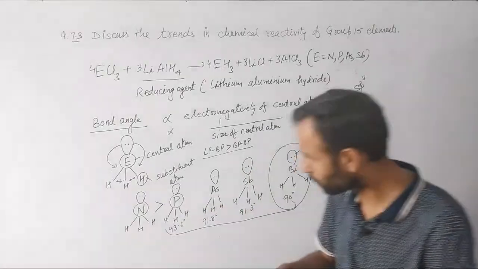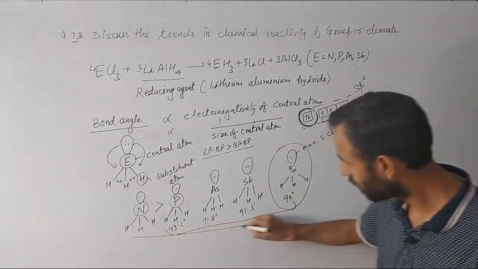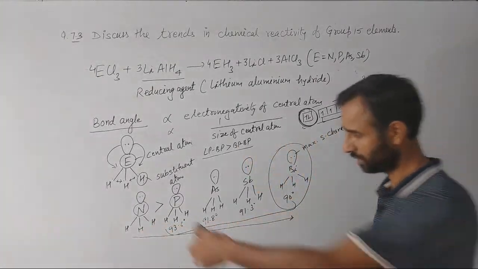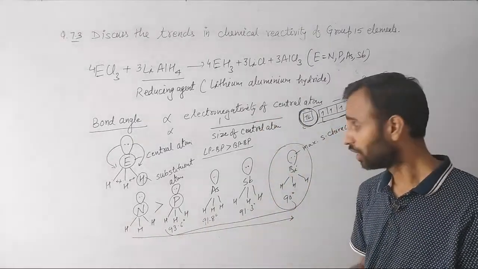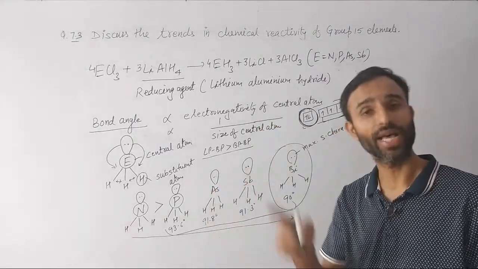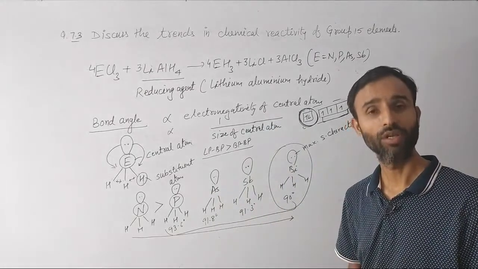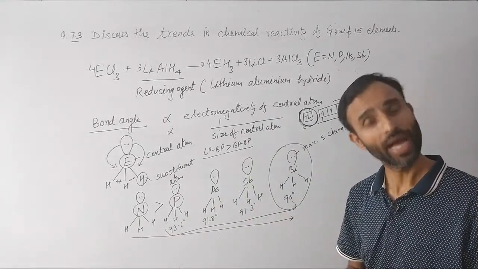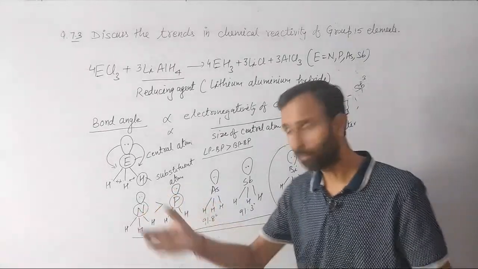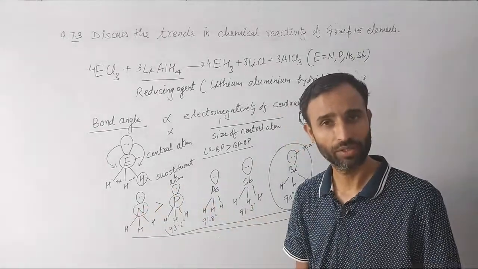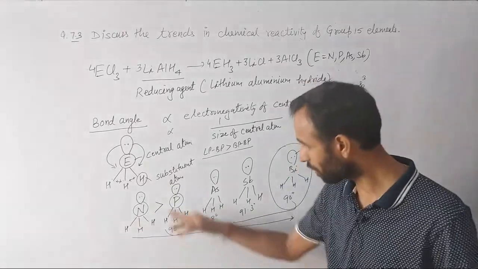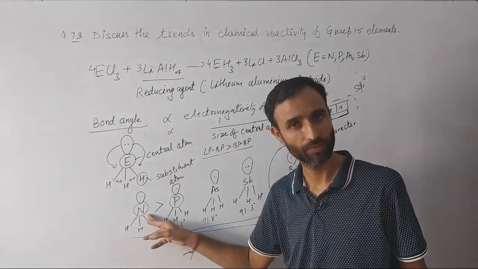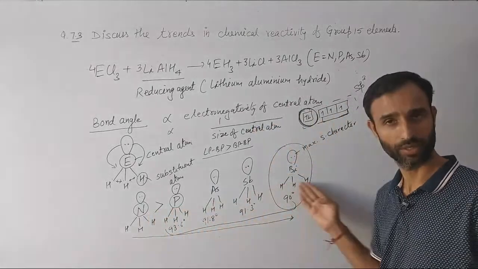That means as we go down the group, the lone pair is more in the s. The lone pair is in the s, meaning the hybridization part is decreasing. Hybridization is maximum in NH3 and it goes on decreasing.